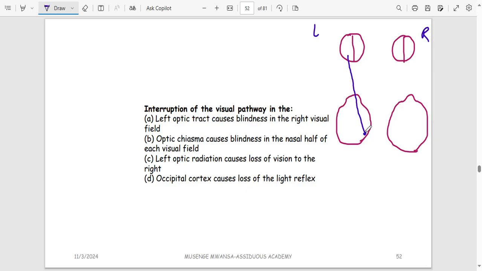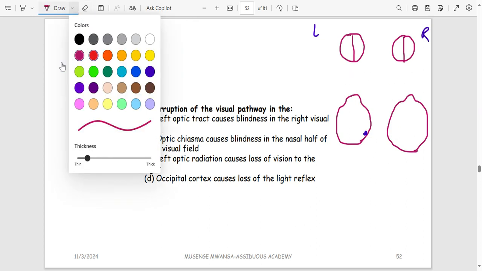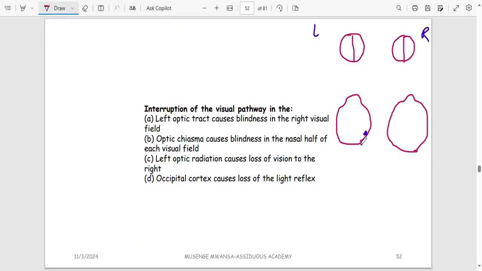It is going to hit at this point, and then the one that is coming from here is also going to come and hit at this point. What is going to happen is that these guys are going to flow in this tract here. Allow me to use the same color so that they are not disturbed. So we are having this structure like this.